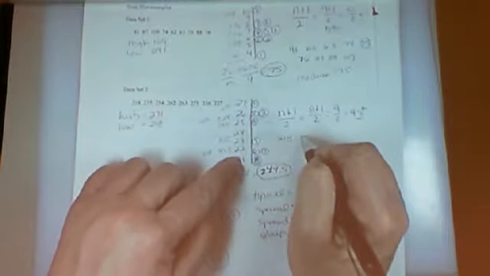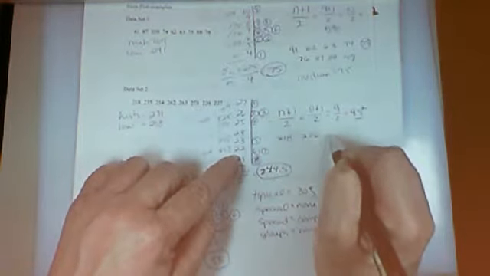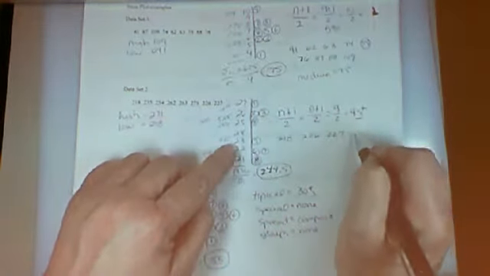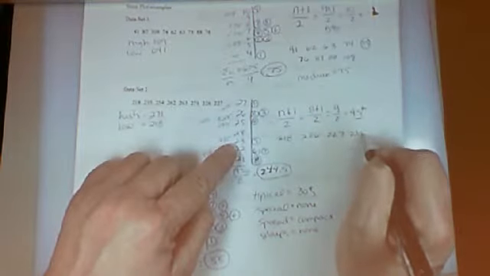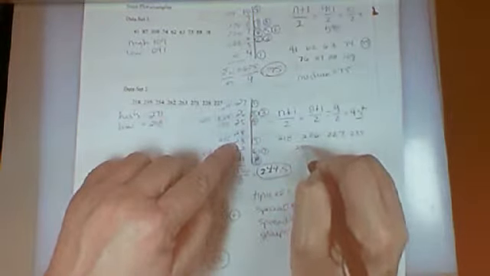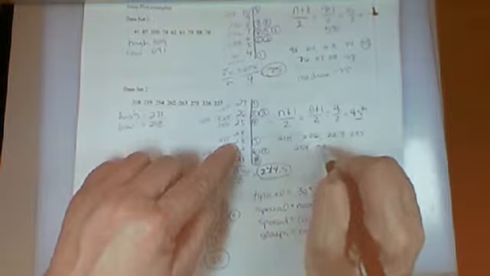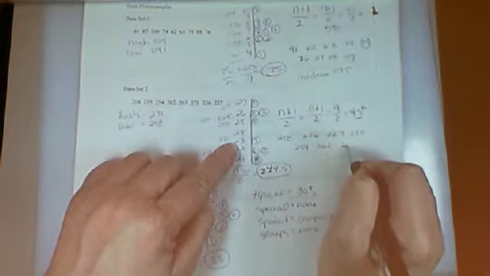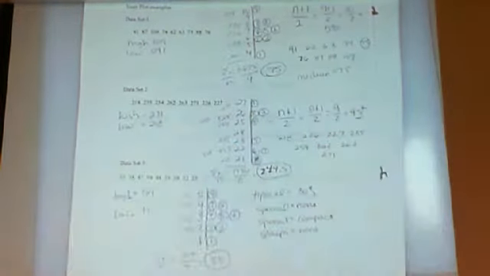So we're going to put the data in order: 218, 226, 227, 235, 254, 262, 263, 271.